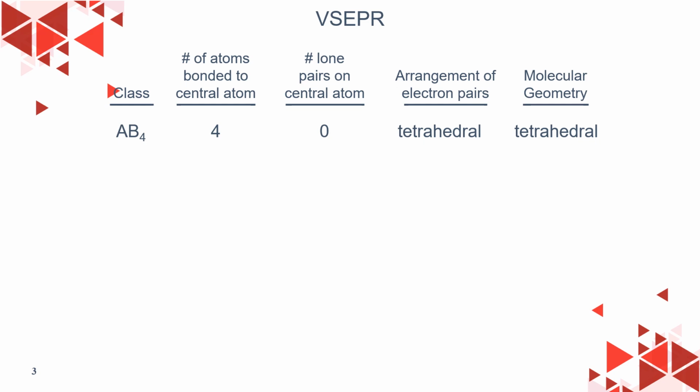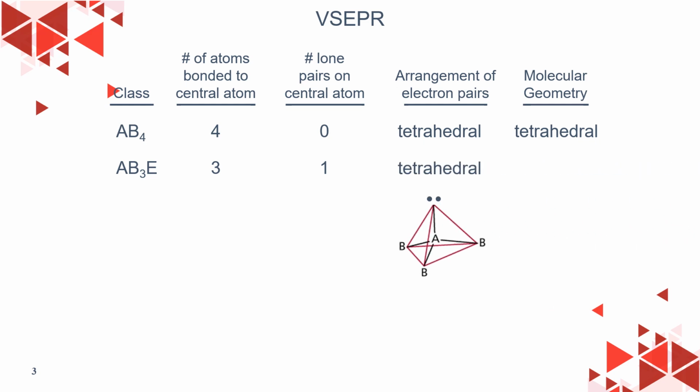The same approach applies to the tetrahedral, which is AB4. The basic molecular geometry of every central atom attached to four electron pairs is tetrahedral. But what if one of them is a lone pair?